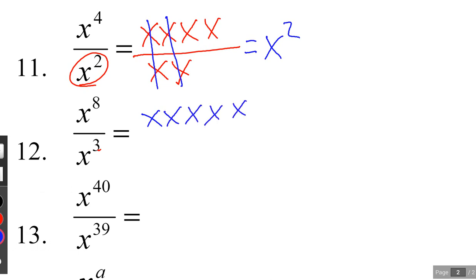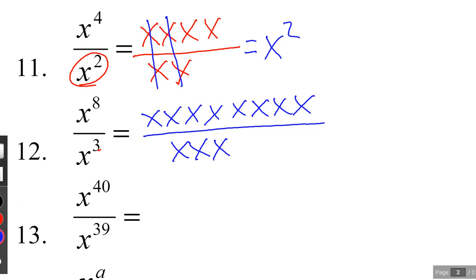That's 1, 2, 3, 4, 5, 6, 7, 8 of them, all over 3 of them being multiplied together. Anything divided by itself is 1. I'm left with 1, 2, 3, 4, 5. So that's x to the fifth.